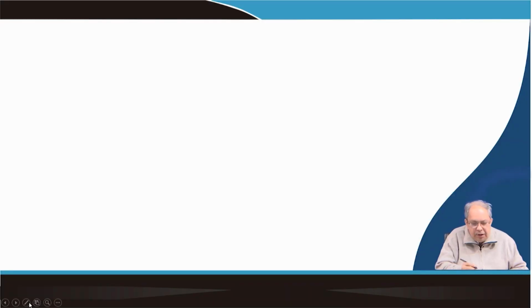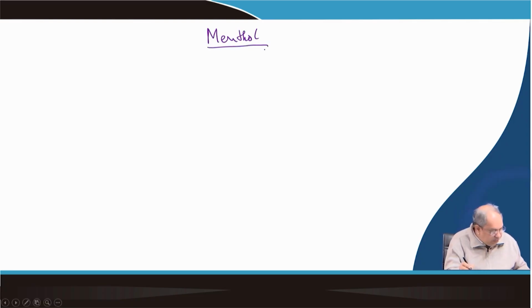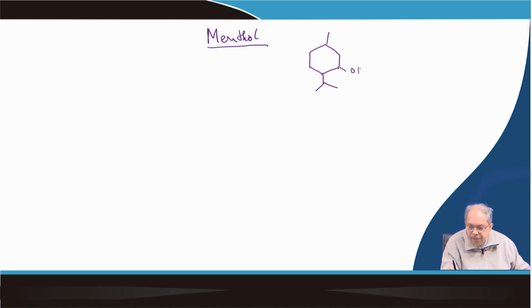So, menthol is basically a monoterpene, which I have mentioned in one of the previous classes. The structure of menthol, just to remind you, this is menthol, and another monoterpene which is not menthol, but it is called carvone.